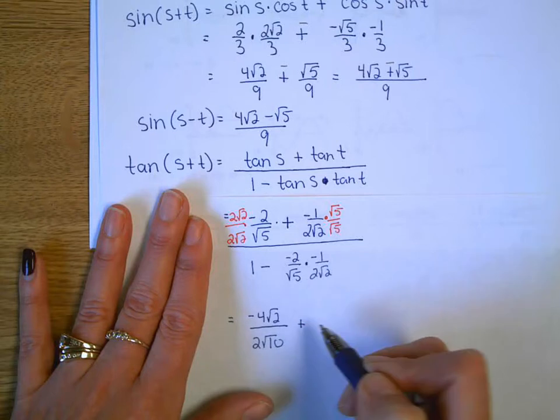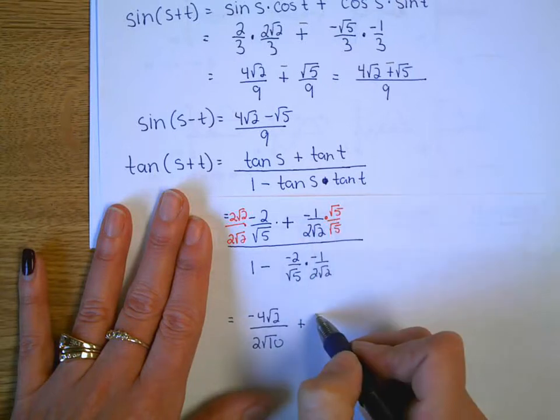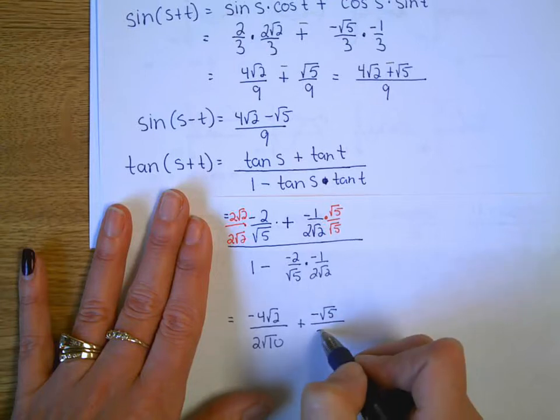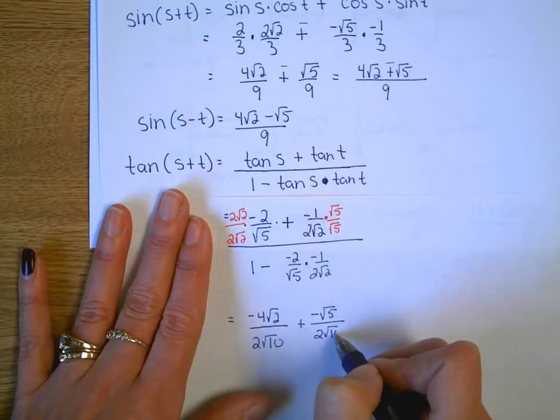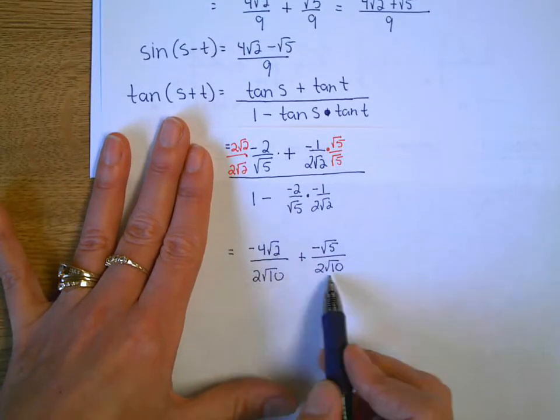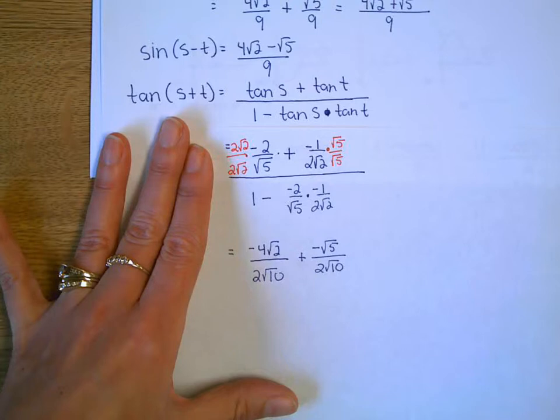Then we'll have plus, over here, a negative square root of 5 over 2 square root of 10. I would not have wanted to cancel right here because then I wouldn't have a common denominator anymore. So don't cancel.